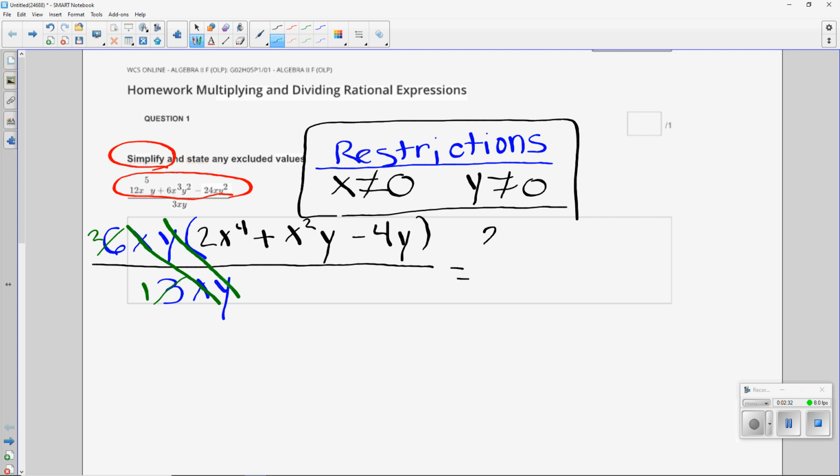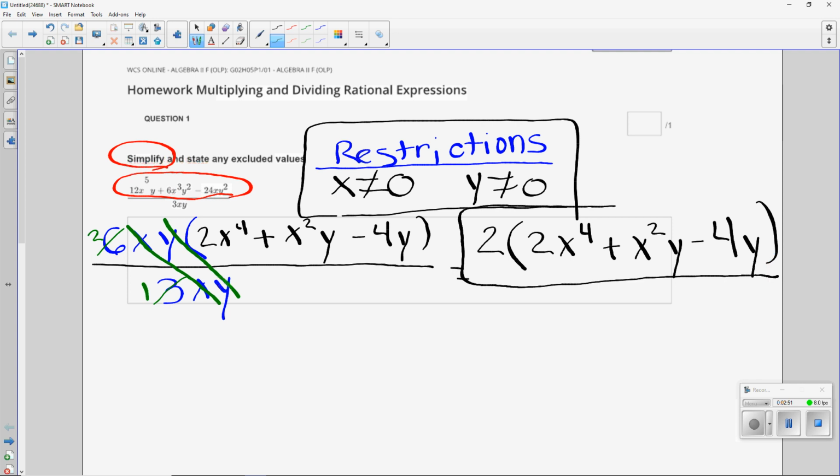So our answer is 2, parentheses, nothing canceled on the inside. So you cannot cancel out across addition or subtraction. So that's why none of these x's on the inside canceled out. It's all technically over 1, but anything divided by 1 is itself. So that's as far as we can go.